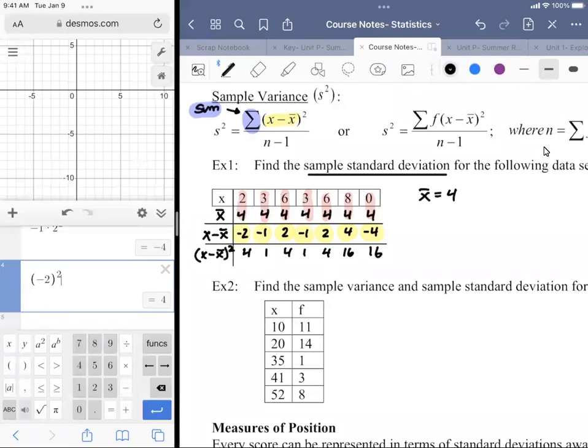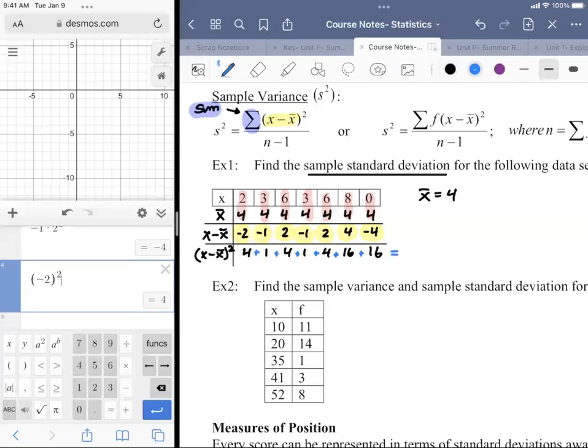All right, but we do have to take care of that sum component, right? That capital sigma, the funky looking E, that's got to be part of the process. So what I'm going to do is just simply add the values together. So I'm going to take each of these values and add them.